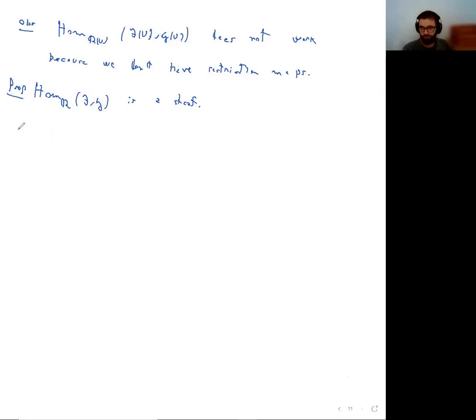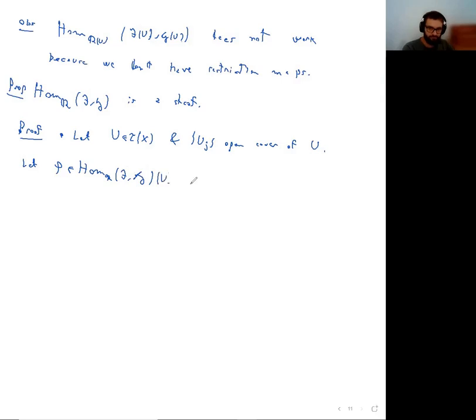So we have to prove the two properties. Proof. Let's take an open set U and an open cover U_j of U. Let's take phi, an element here, such that the restriction of phi to U_j is 0 for all j.